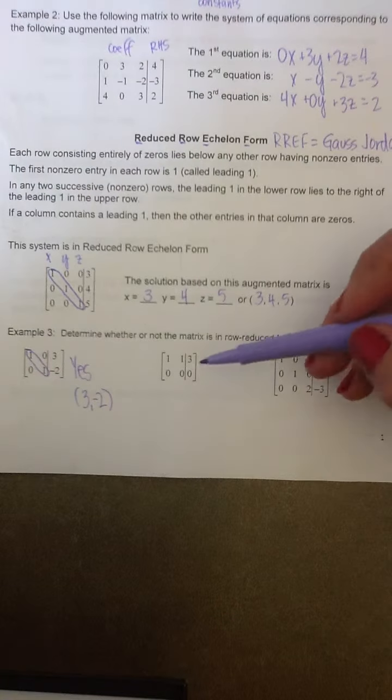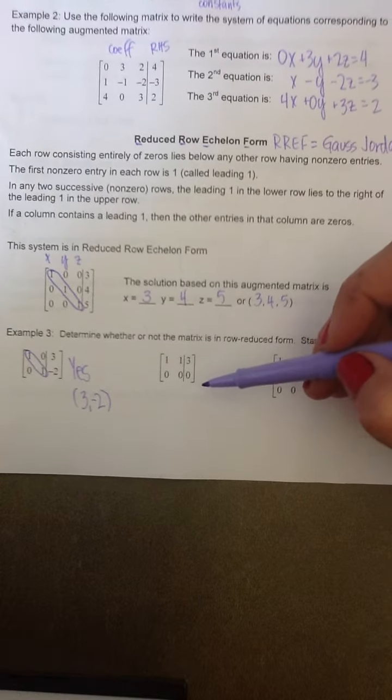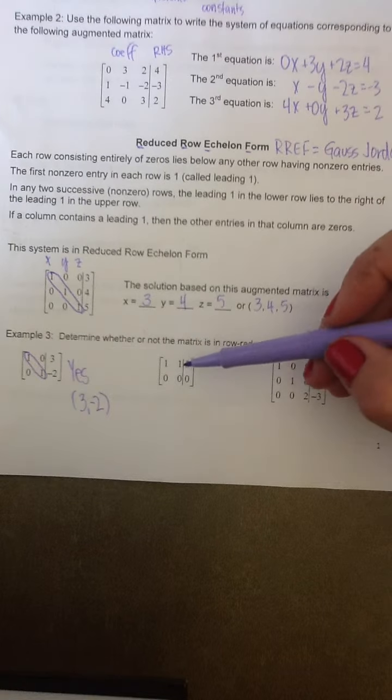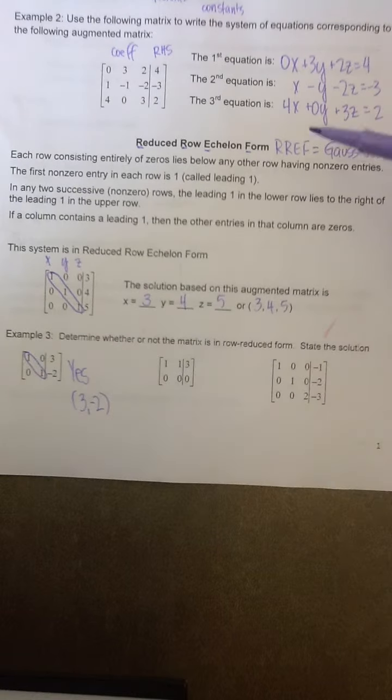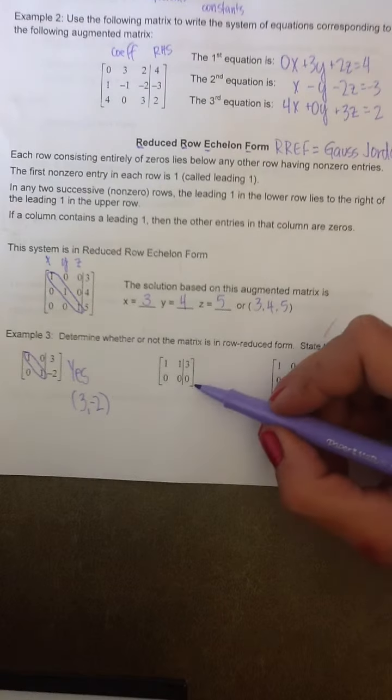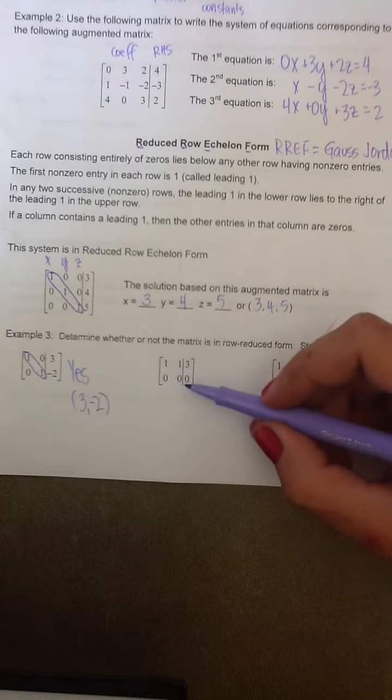Now when we move on to the second part of example 3, if we were to go through our requirements up here, each row consisting entirely of 0s lies below any other row having non-zero entries. Well, that's true. Our complete row of 0s happens on the bottom.